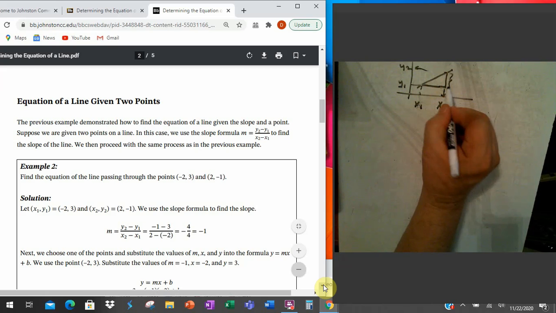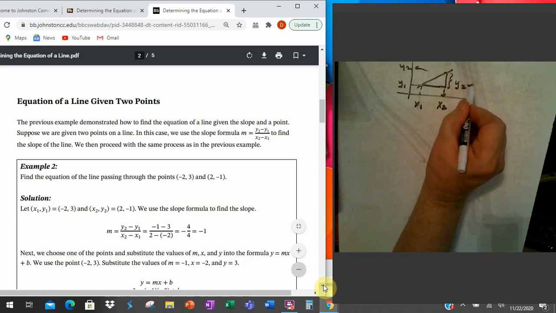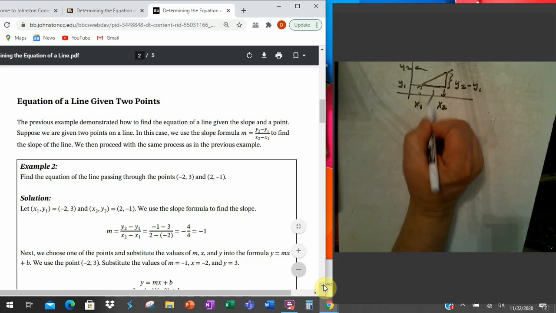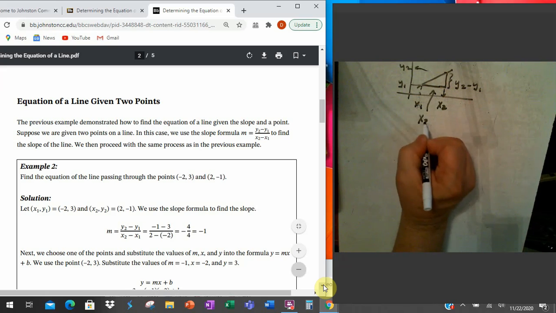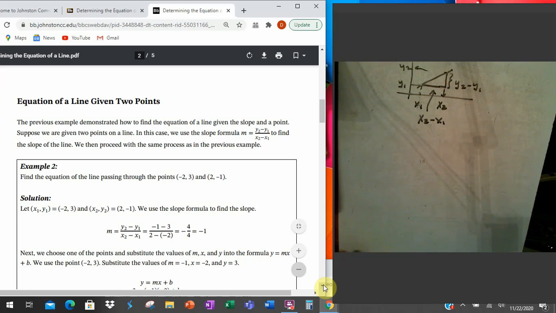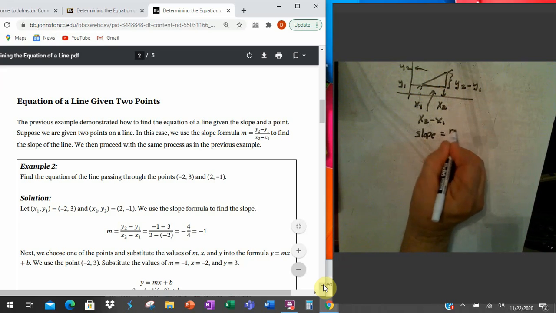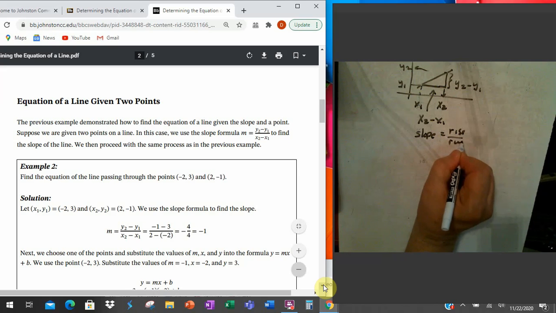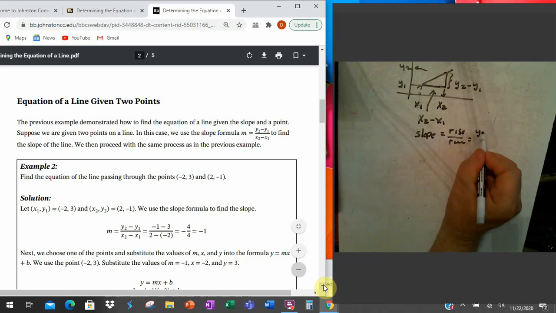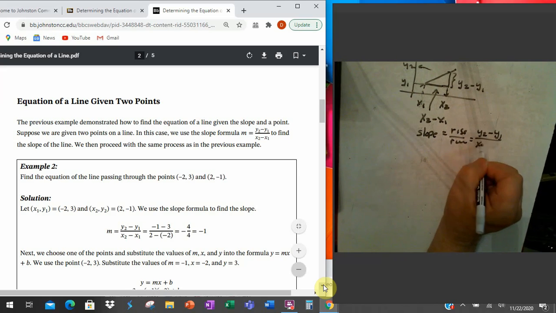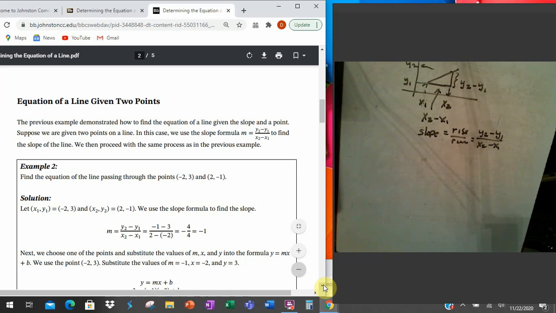So this distance is y2 minus y1. This distance is x2 minus x1. So my slope, the rise over the run, is my y2 minus y1 over x2 minus x1.